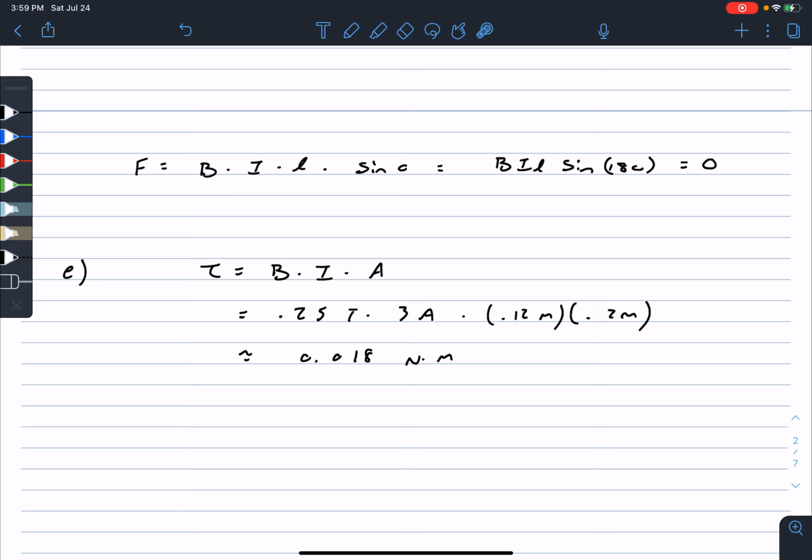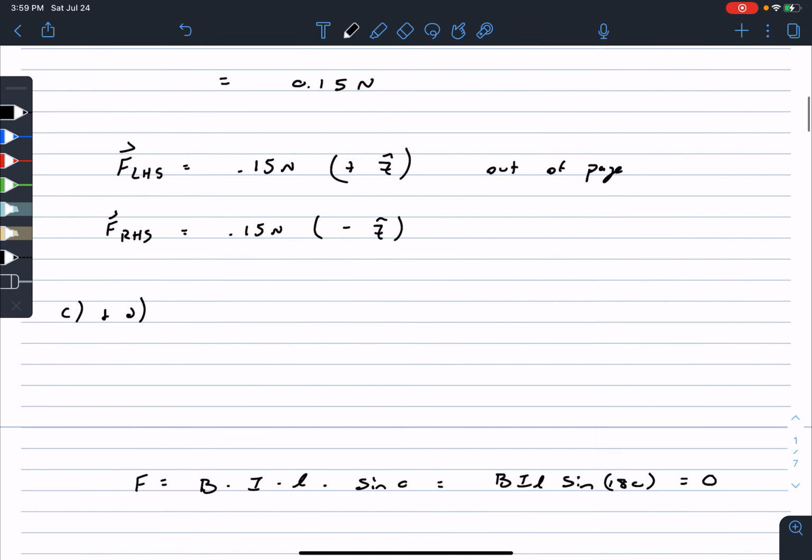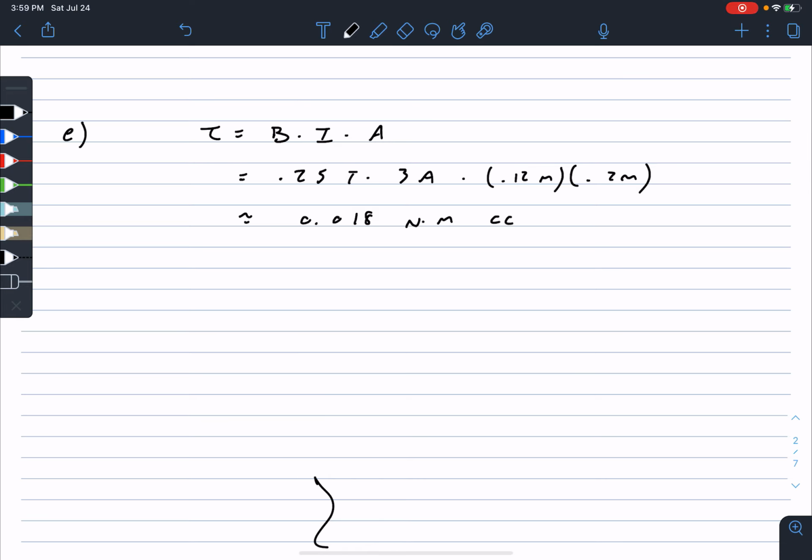And it's going to be spinning, since the force is coming out here and in here, so it's going to be spinning this way. That'd be counterclockwise if we look from the top. So I'm going to say counterclockwise from the top.